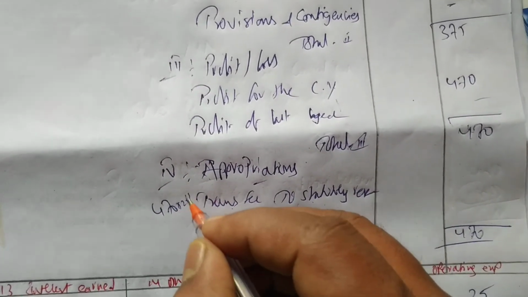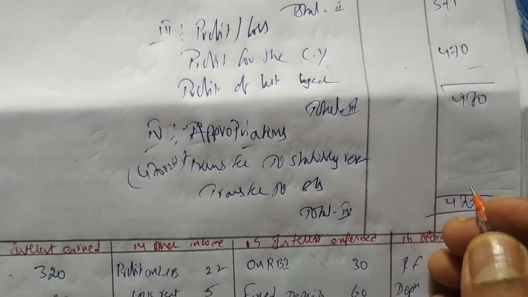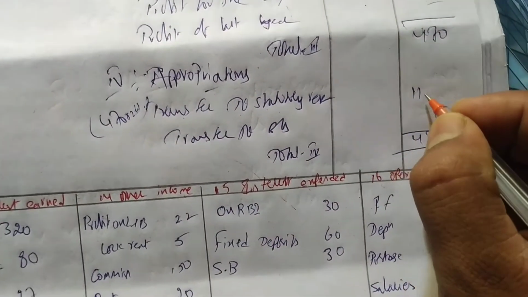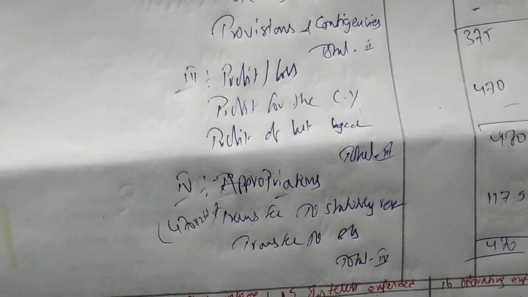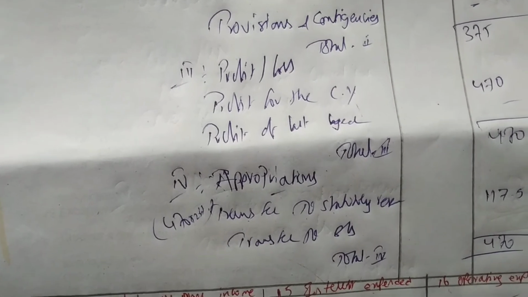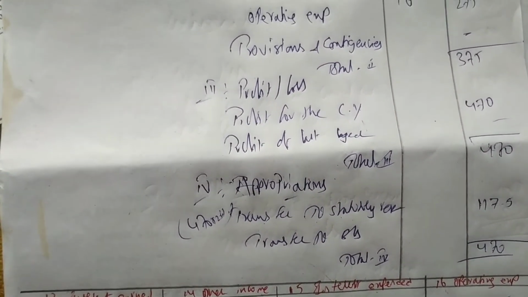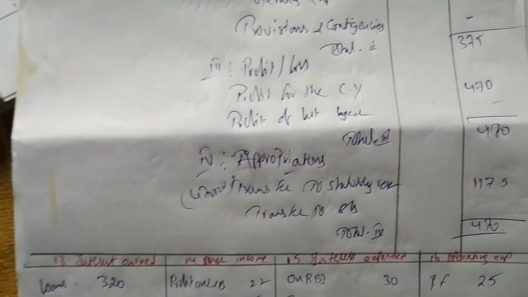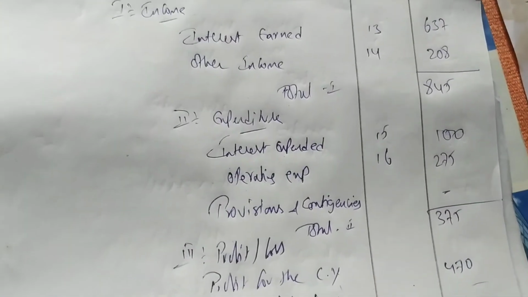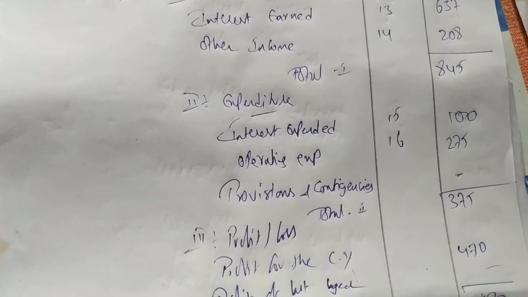See, once you do these problems, it is very easy to solve. 117.5 we are getting. From 470 if you deduct 117.5 you get 350. Wait one minute. 637 plus 208, 845. 100 plus 275.